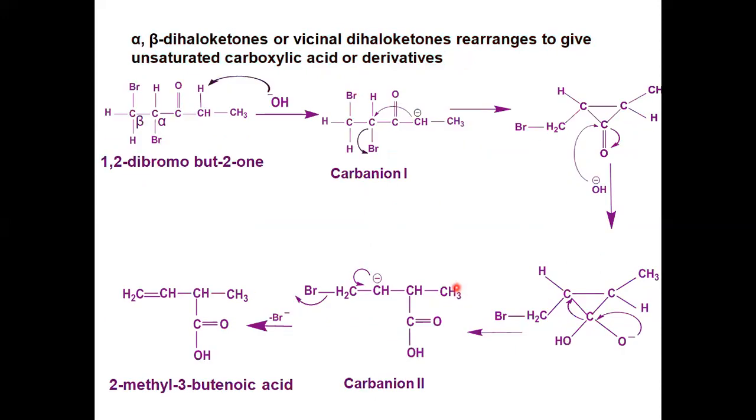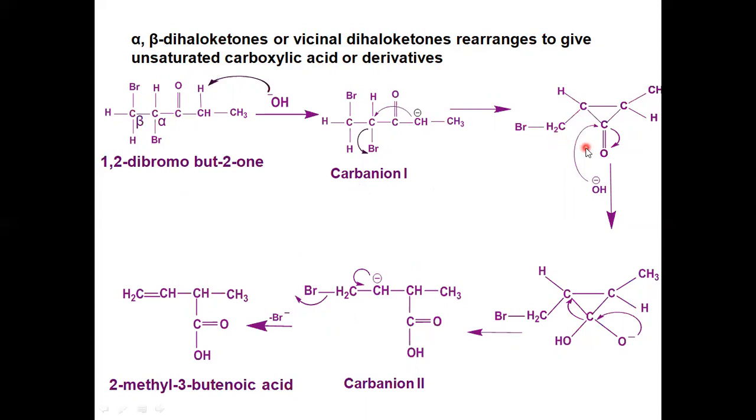Similarly, in the case of vicinal dihaloketones, that means two halogen atoms are attached on adjacent carbons, for example 1,2-dibromobutan-2-one, the same carbanion 1 is formed by abstraction of a proton.